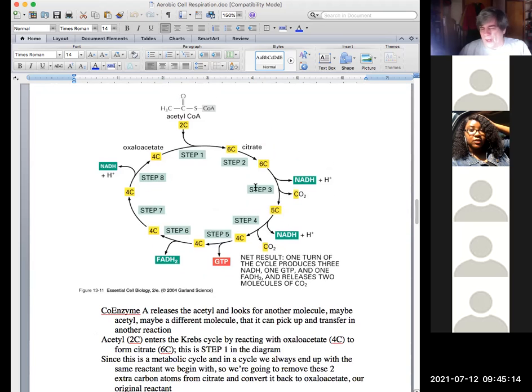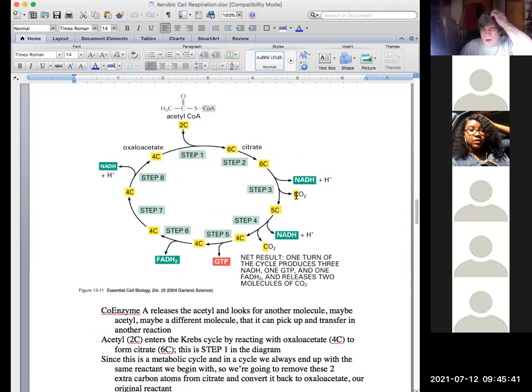Now this is also called the tricarboxylic acid cycle. And if you remember, carboxylic acids have a COOH group. So we want to think about that COOH, because when we look at isocitrate, isocitrate loses a carboxyl group, so COOH.